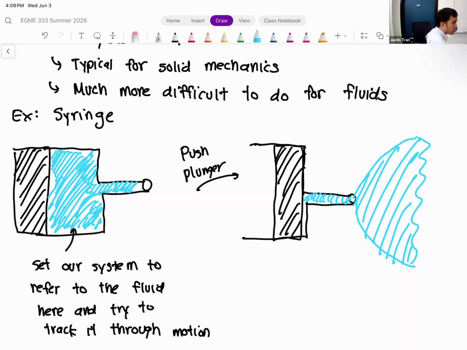And so in order to track that same mass of fluid, our system, if you think about it geometrically in terms of the space that it occupies, it has to move with the fluid flow.